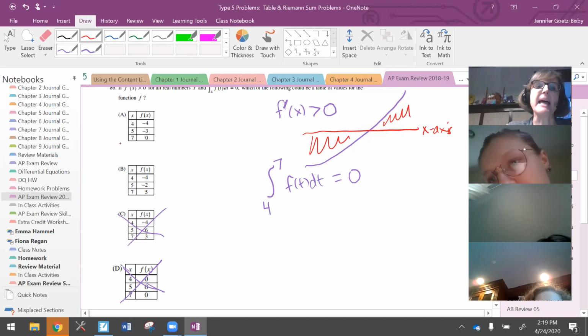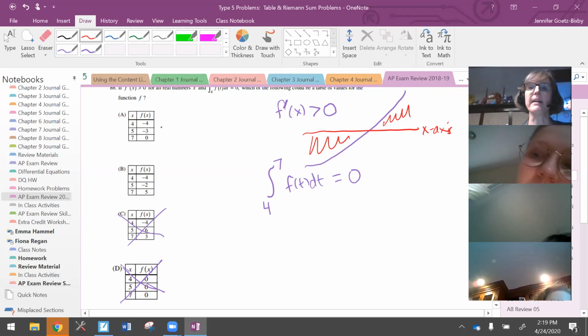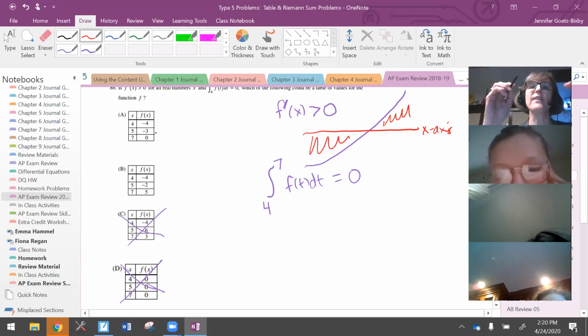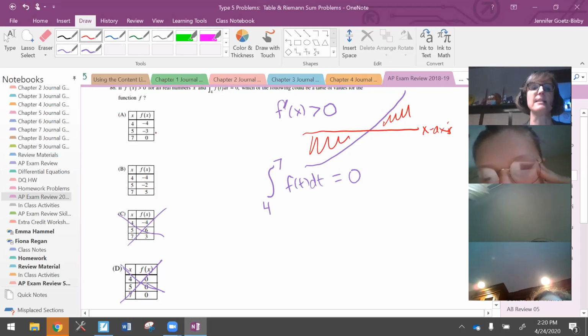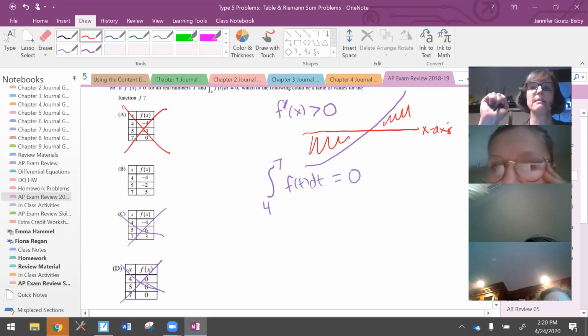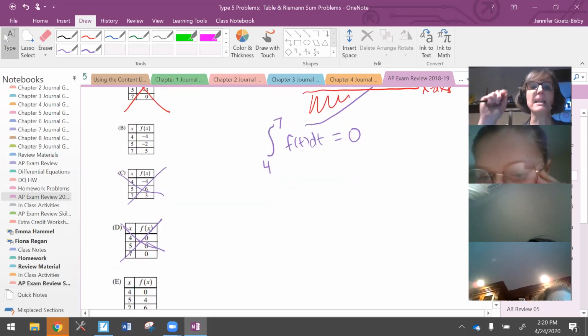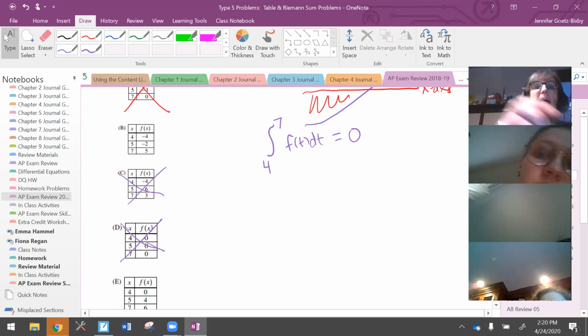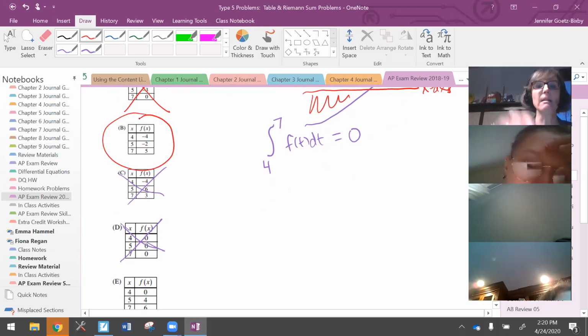So again, back to A. Does that have some area under the curve and some area over the curve? No, right? All of those f of x values are below the x-axis. So it can't be that. How about B? Some above, some below? Yeah, so that's a possibility.